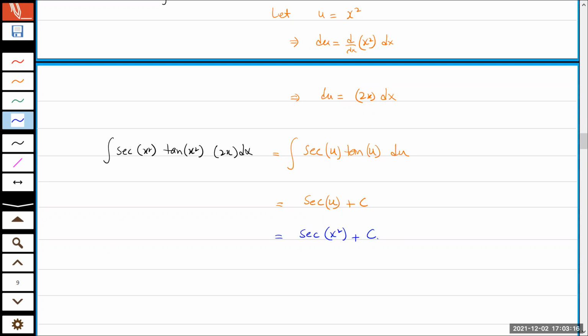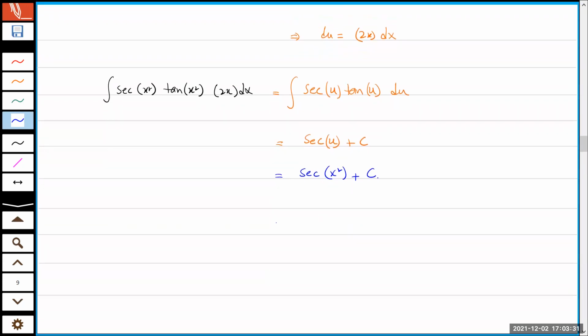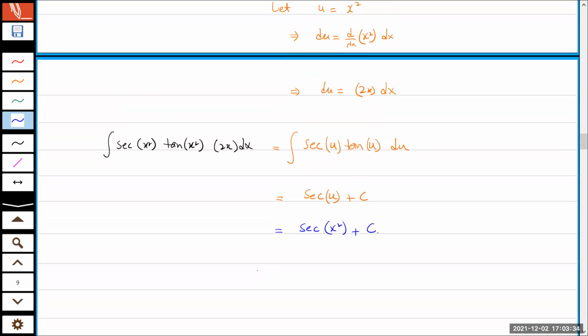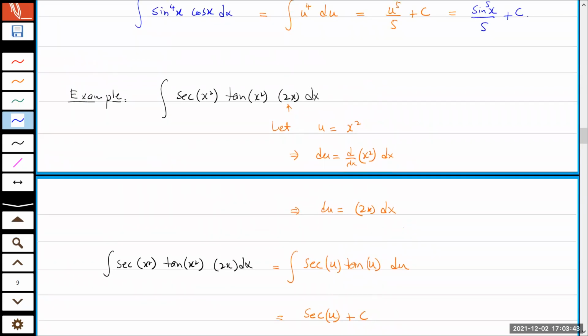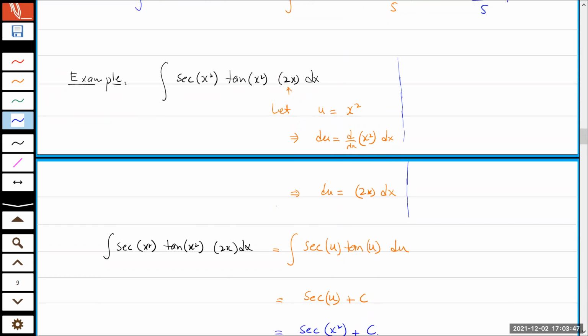Okay. Let's take another one. Before I write another example, I'll try something different just to make a point that a substitution is not something unique. You may make a different substitution and get the same answer. So let's do it here on the side. I will now take instead u equals secant of x squared.